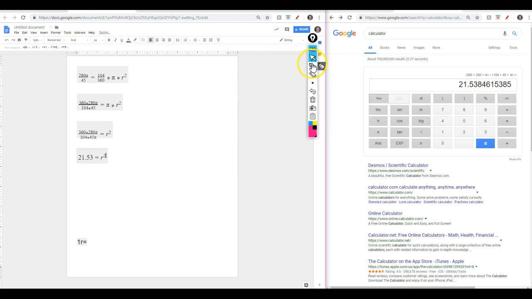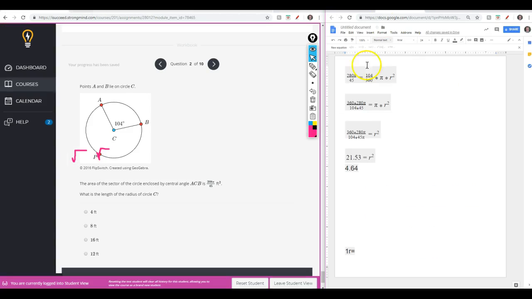Now how we undo a squared is we square root each side. So we would hit the square root of 21.5384615. I'm just copying this. That is equal to 4.64, and that equals the square root of r squared.